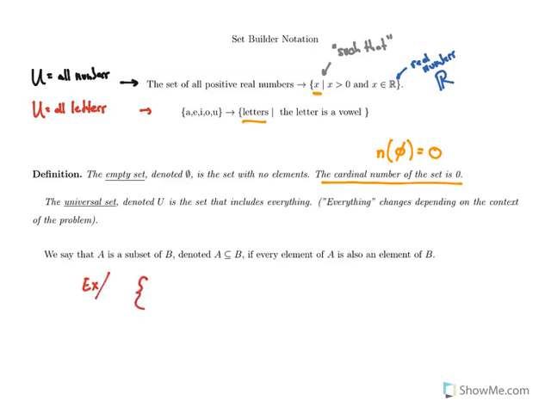We have the set A, B, C is a subset of the set A, B, C, D, E. Because everything in the left is also in the right, then that is a subset. So it's a piece of a bigger set. It's a small chunk of the bigger set.